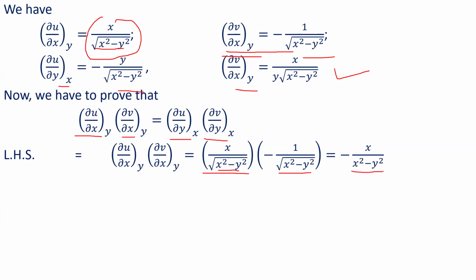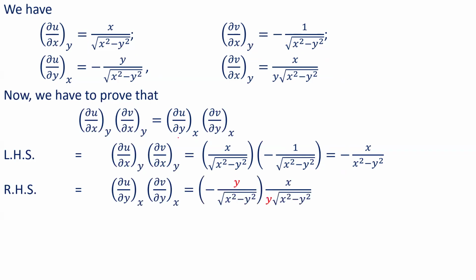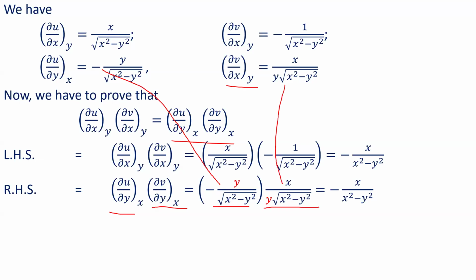which is x square minus y square. In the same manner, the right hand side is del u del y when x is constant times del v del y when x is constant. If we put the values, del u del y when x is constant is minus y upon root over x square minus y square, and similarly del v del x when y is constant is x upon y into root x square minus y square.